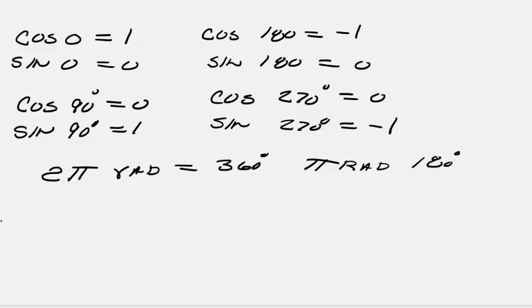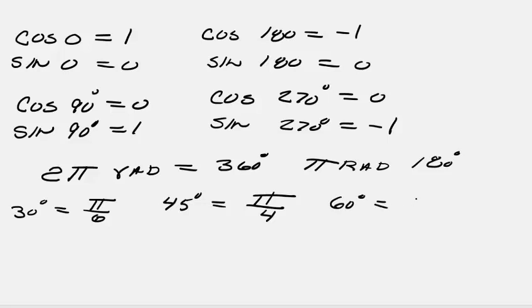If you're doing 30 degrees, you can just do a little algebra here. 30 degrees is always equal to pi divided by 6. 45 degrees is going to equal pi over 4. And 60 degrees is equal to pi divided by 3.